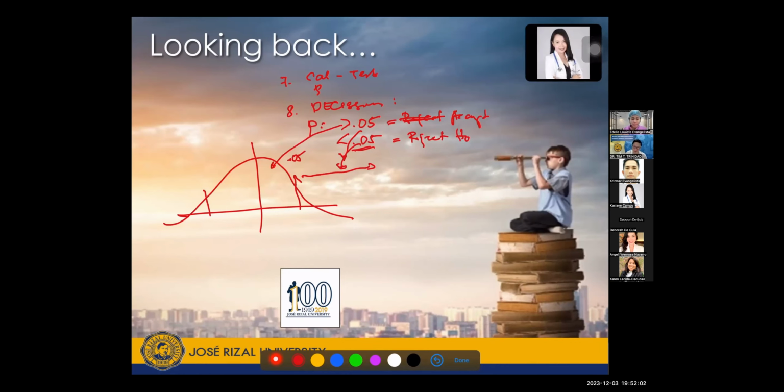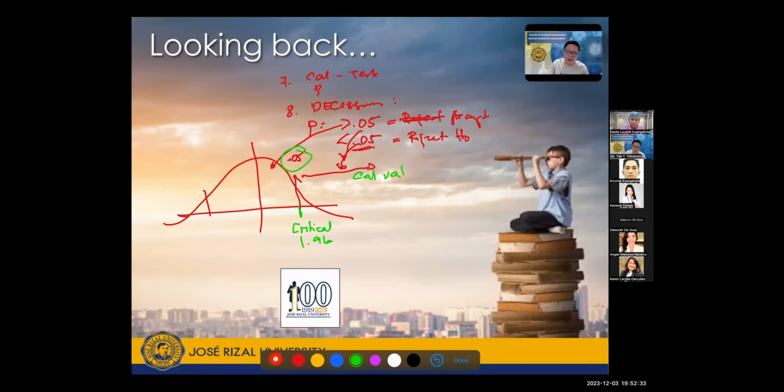But in terms of a calculated value, your p-value of 0.05 will be equivalent to a certain critical value. If you can still remember, 0.05 has an equivalent of 1.96, if I'm correct. Can you still remember that when we converted the z value to the p-value, it is equivalent to 1.96?